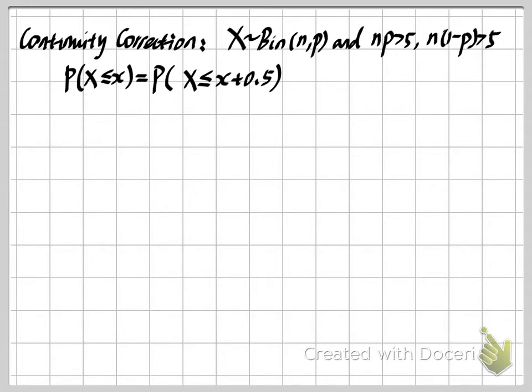Why is this needed? Because a binomial random variable is a discrete random variable, whereas the normal random variable is continuous. For a binomial random variable, x can only be an integer: 0, 1, 2, 3, and there is no 1.5 or 1.6.